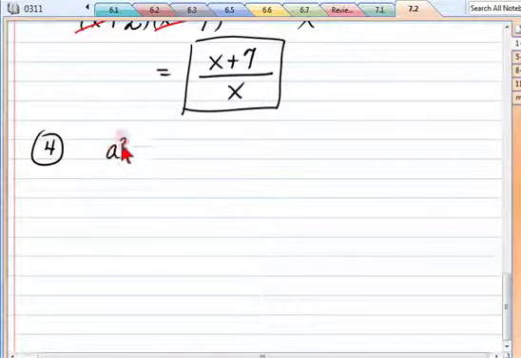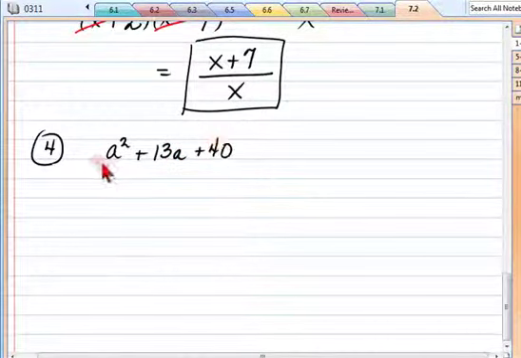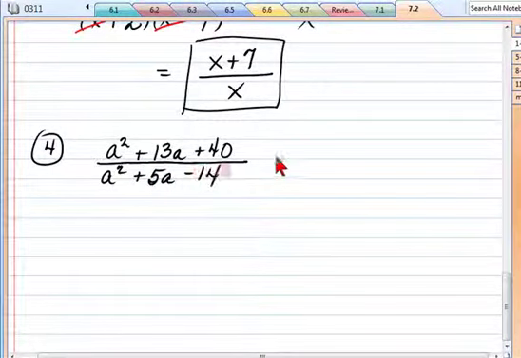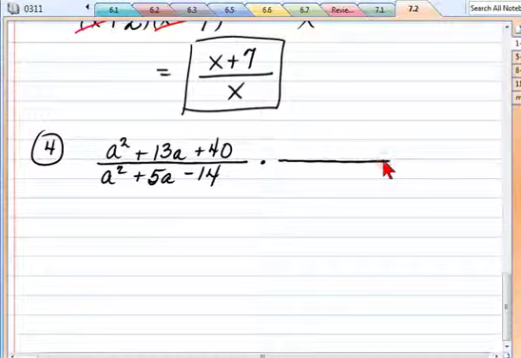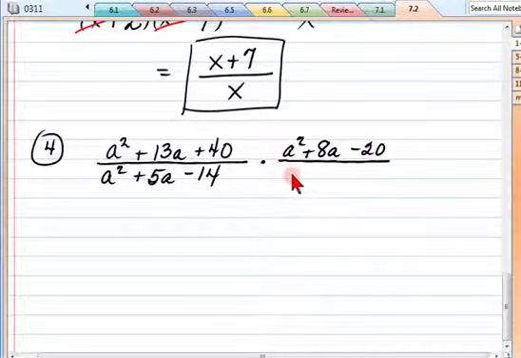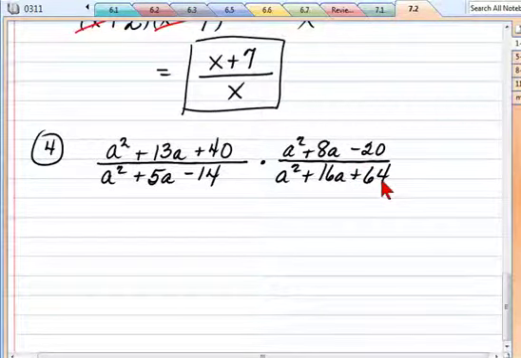We have a squared plus 13a plus 40 over a squared plus 5a minus 14 times a squared plus 8a minus 20 over a squared plus 16a plus 64. I'm going to be quiet, pause the recording, and give y'all a couple of minutes to be working on this factoring.